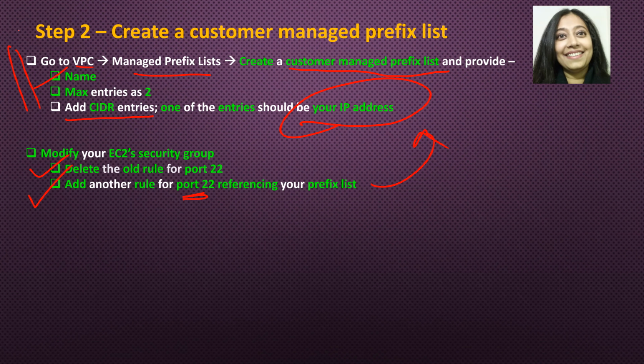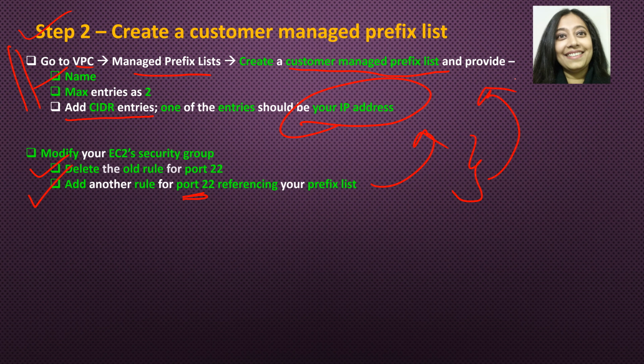So EC2 security group changes have been done. So we've completed this step. So what all we've accomplished till now? We have launched our EC2 instance. We tried to SSH into it without referencing any prefix list or anything, like keeping it open. And we were able to do that. We created a prefix list. We also modified our security group and referenced this particular prefix list over there.